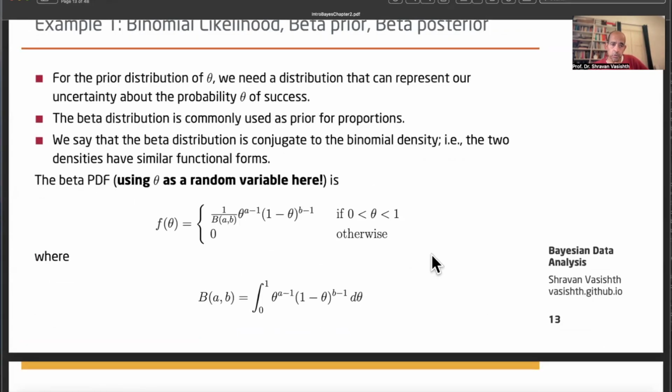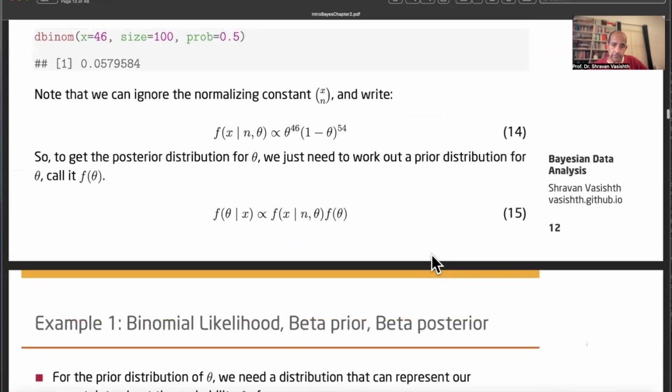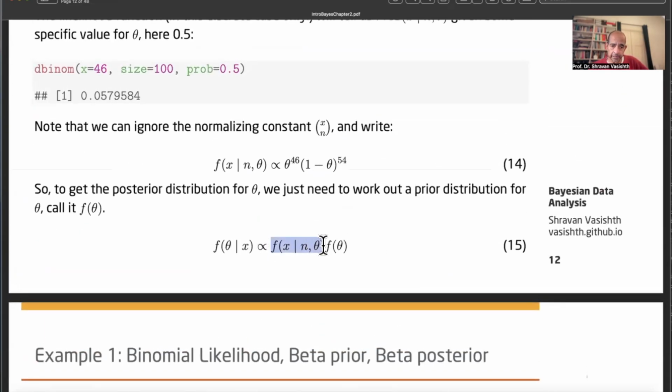If you look at equation 15, we know what to write here. This is going to be the binomial distribution, right? So, for example, if we have 46 successes out of 100 trials, then the likelihood function up to proportionality is this term here. So I can replace f of x given n and theta in equation 15 with the kernel of the binomial distribution for the particular case where I have 46 successes out of 100 trials.